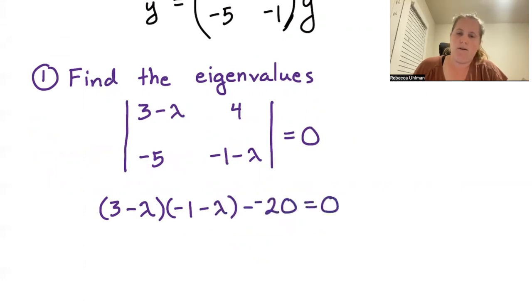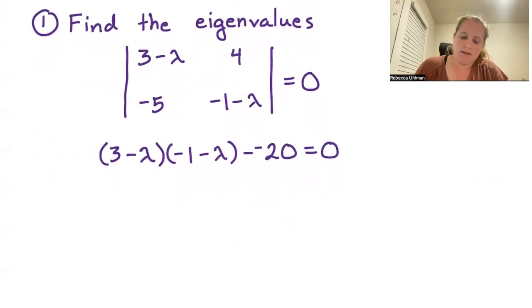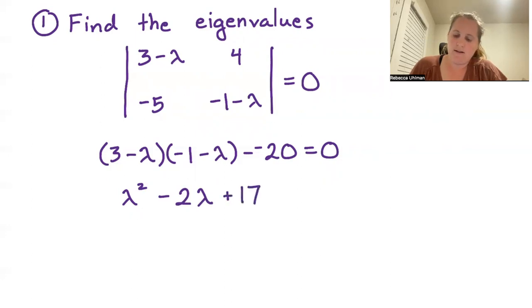Is that equal to 0? This left-hand side, we would have lambda squared. Then we have -3 lambda plus lambda is minus 2 lambda. Then we would have a -3 plus 20 is plus 17, and this is equal to 0.